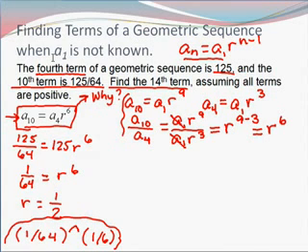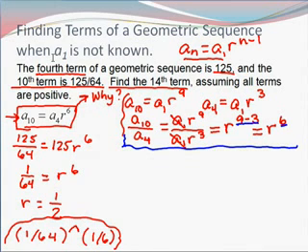Okay, so we know that r equals 1/2 now, and let's go back to this idea of taking the ratios of different terms and seeing that the difference in the power of r is what we want for the power.